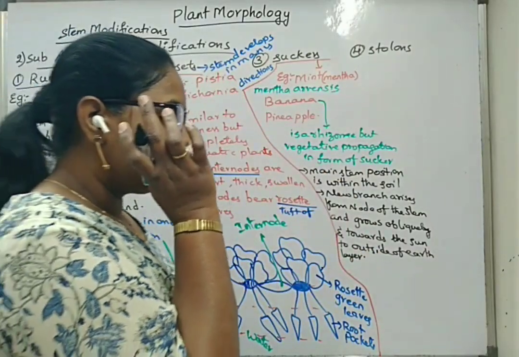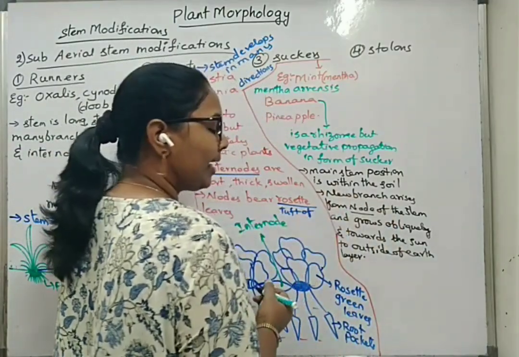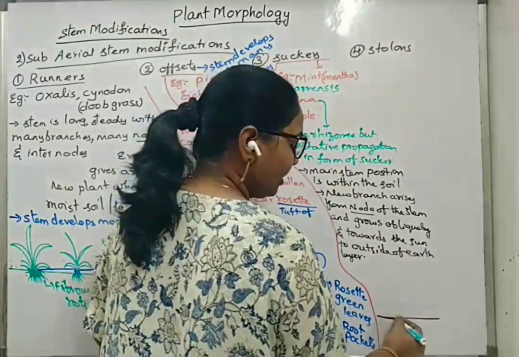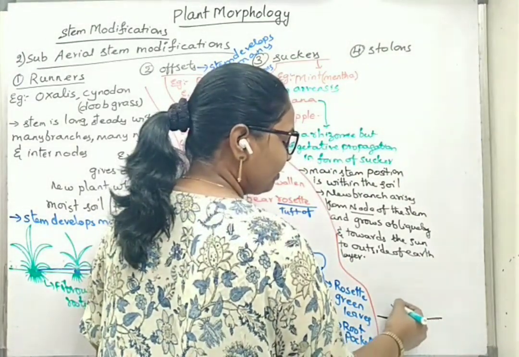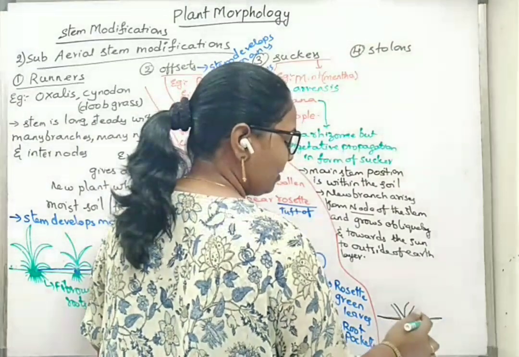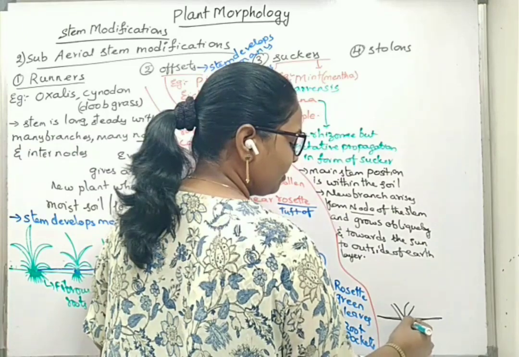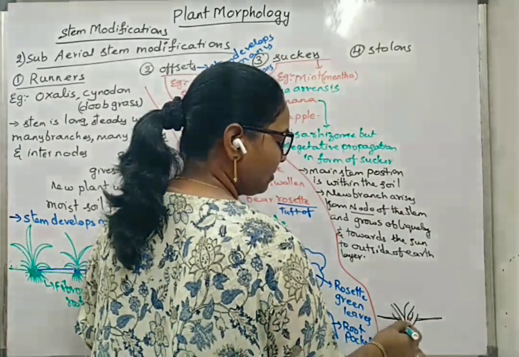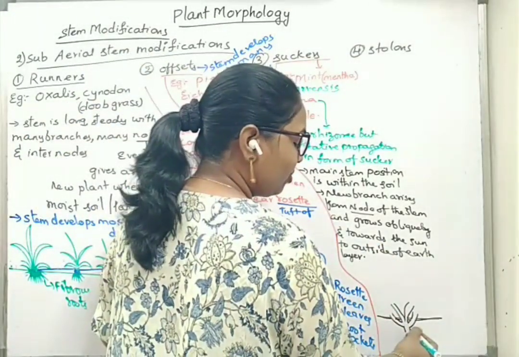If we cut the new stem at any part, then it will grow into a new branch or new plant. For suppose if we think this is the earth layer, stem position will be from here itself. Like this. We are telling the stem will be having nodes and internodes.